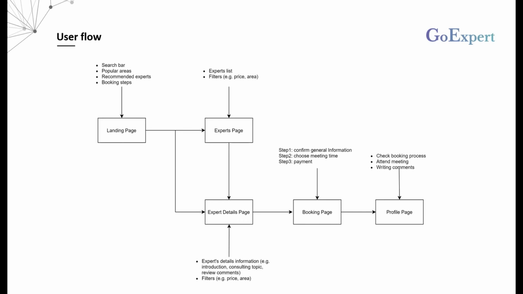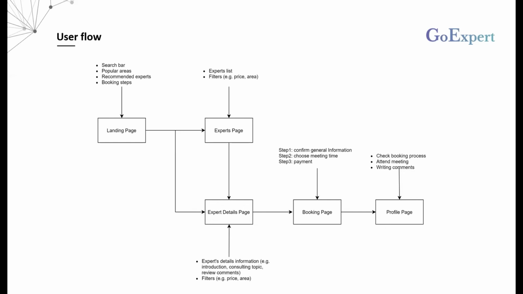And here's the user flow of our website. At first, the user can view the landing page and find some basic information about our website. By clicking some expert cards, they can go directly to the expert detail page, or go to the expert page. The expert page includes the expert list and a filter.